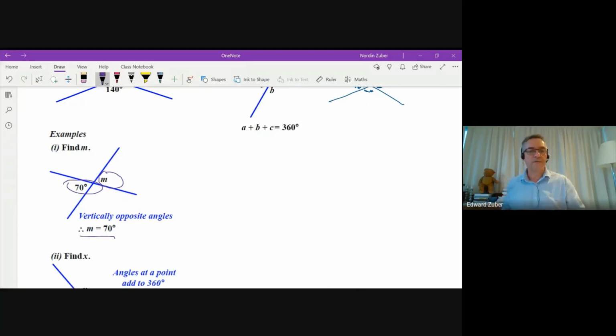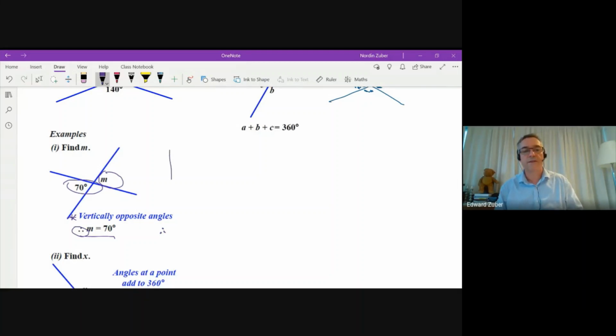Now, there is actually a little bit of reasoning going on here. The student has realized our vertically opposite angle and has told the reader these are vertically opposite angles. And then they've used this symbol, therefore, dot, dot, dot, as a little triangle. So because they're vertically opposite, m is equal to 70.